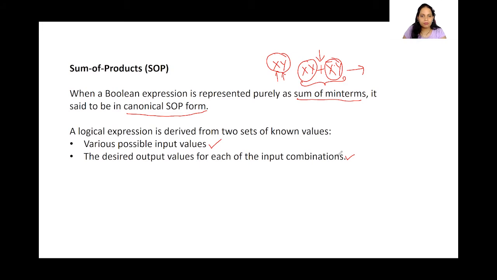The meaning of this is simple. Whenever we have to derive a Boolean expression in the form of sum of min terms, we will be given a set of input values and the respective result for those given inputs. When I give an example, you will understand it in a better way.